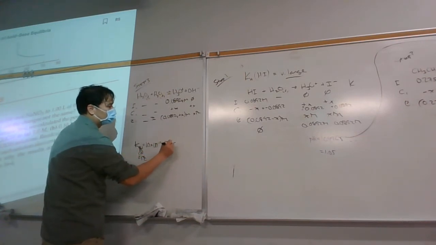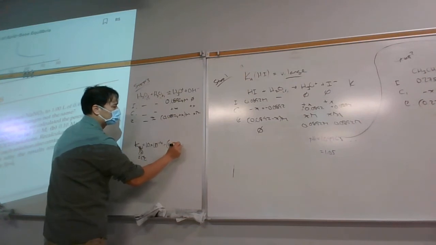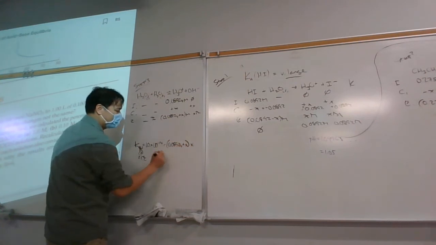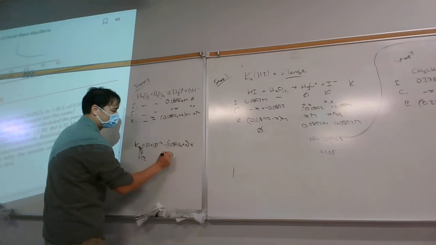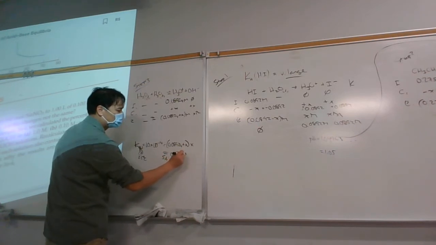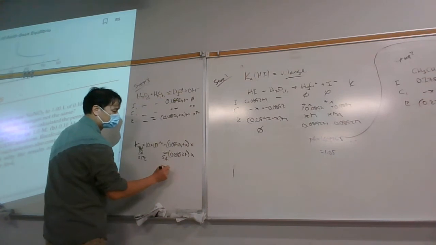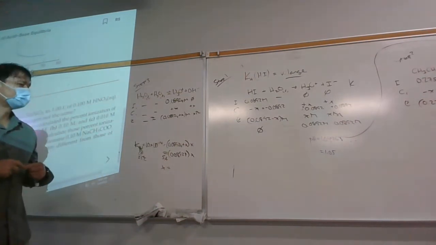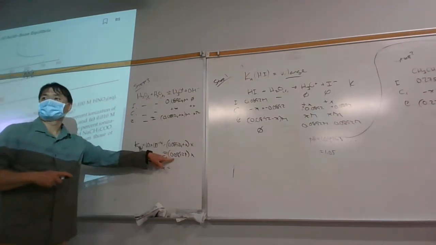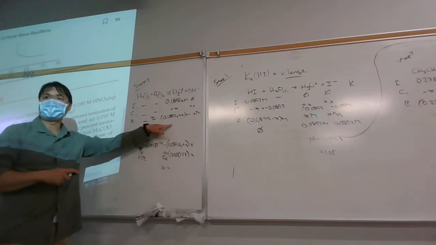There's going to be 0.08924 plus X times X. Here we'll just use the SA, assume that this concentration doesn't change much. And so we get 0.08924 times X, and then calculate X. So your book will go straight to this equation here after doing the SA.